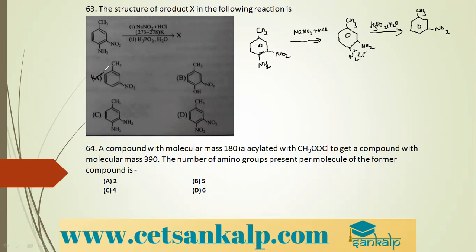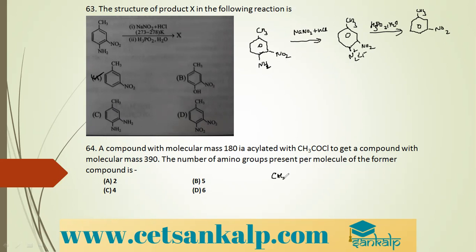It is option A. A compound with molecular mass 180 is acylated with CH3COCl to get a compound with molecular mass 390. So the number of amino groups present per molecule of the former compound is. See, by the reaction of 1 mole of CH3COCl, so it is acylated with CH3COCl, that's it.